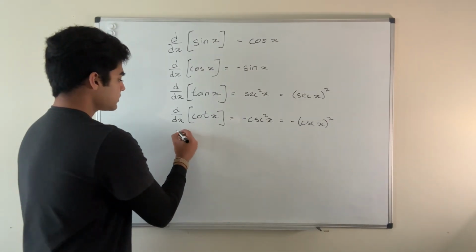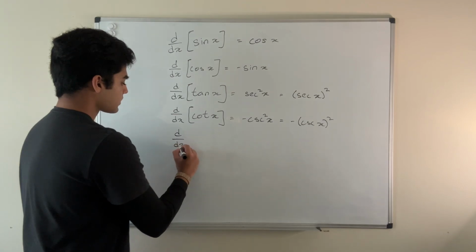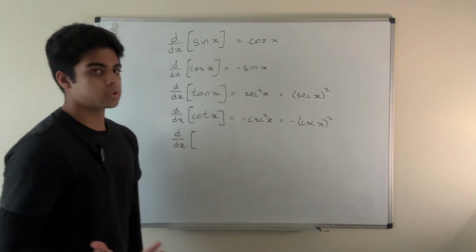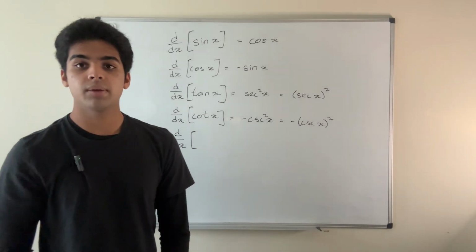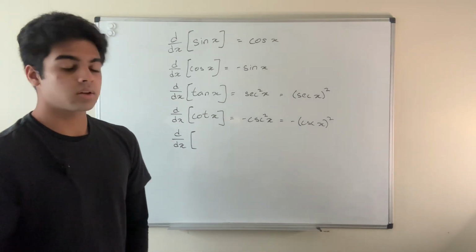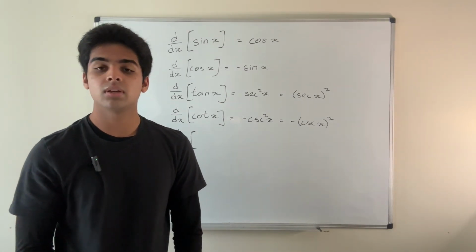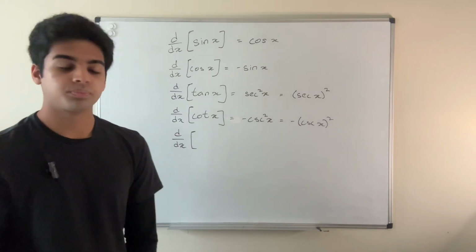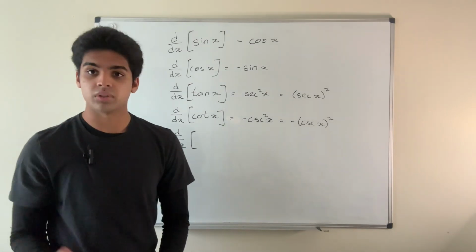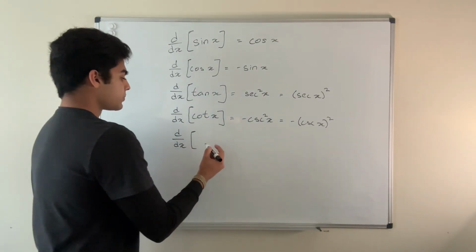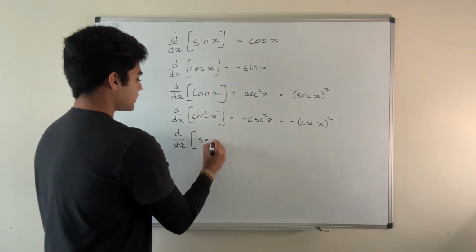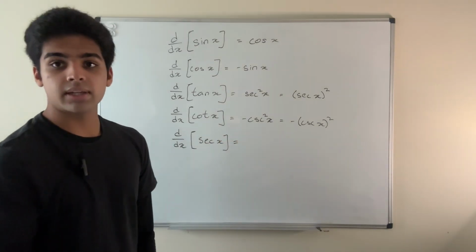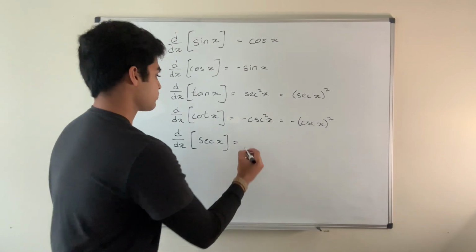Now let's get into secant. As we remember, secant is just 1 over cosine, right? So for secant and cosecant, we can actually prove this using the quotient rule, which I will do in 1 second. So the derivative of secant x is just going to be secant x times tangent x.